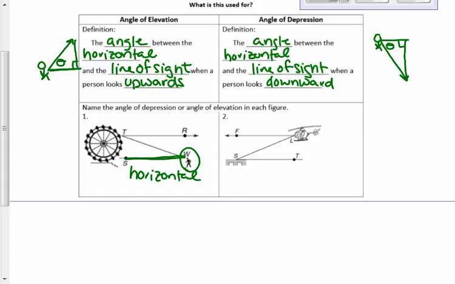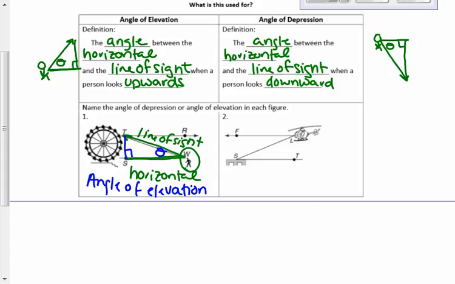If we're at W, we're looking up to T. This is your line of sight. Looking up at that Ferris wheel, you know that's an upwards angle. So this is an angle of elevation. Anytime you're looking upwards, that's elevation.